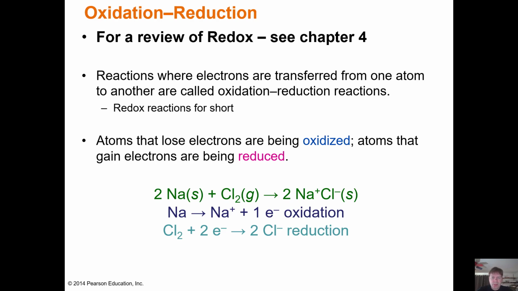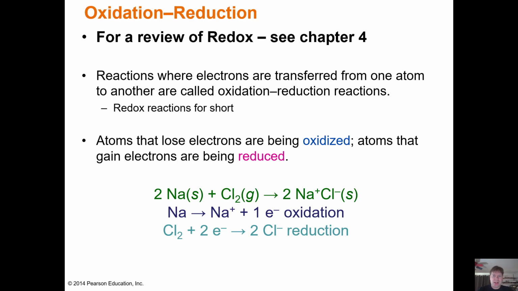So we have an example here of a reaction that is a redox reaction. So we can see in the reaction that we're showing here, the sodium atom is losing an electron. So that's an oxidation. We see it losing as we go from a neutral solid to an ion, with a +1 charge.